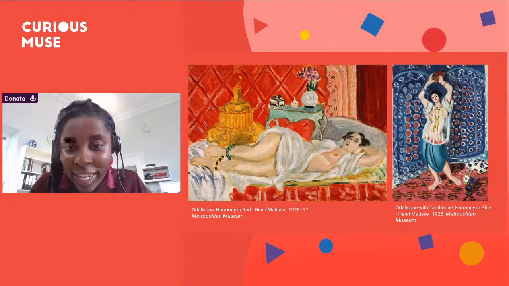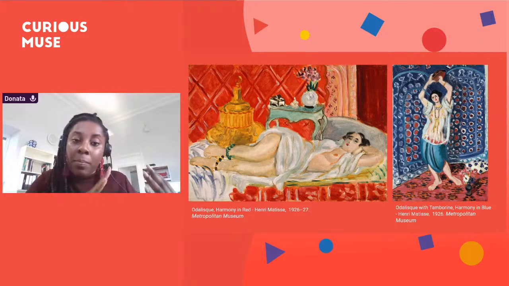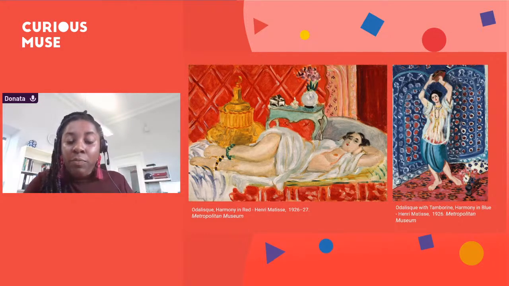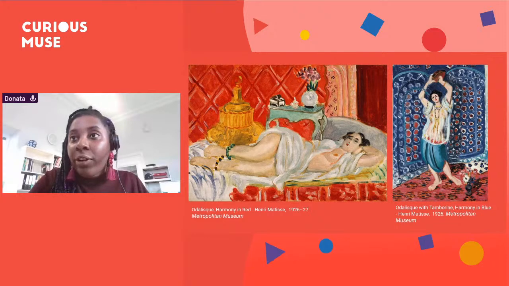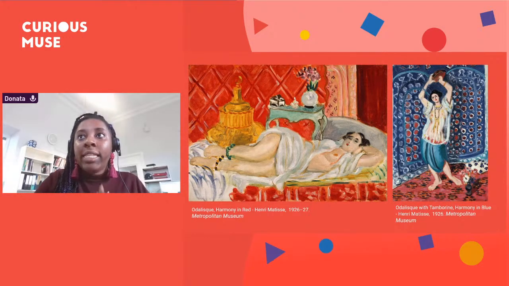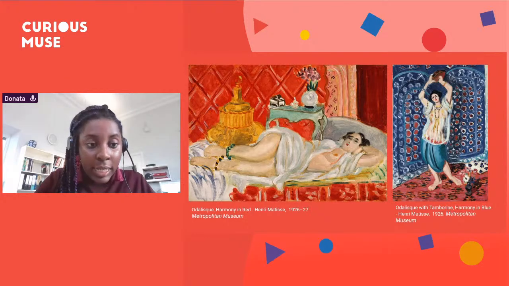It's really interesting to see these artworks. We've looked at Picasso and his use of masks and his use of faces. Now we go to Henri Matisse, who inspired Picasso to begin to look into African art. And we see his depictions of North African women here with the odalisque.